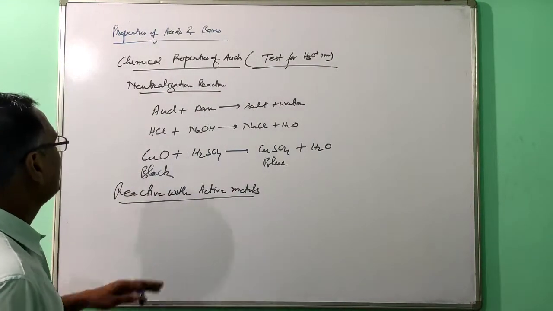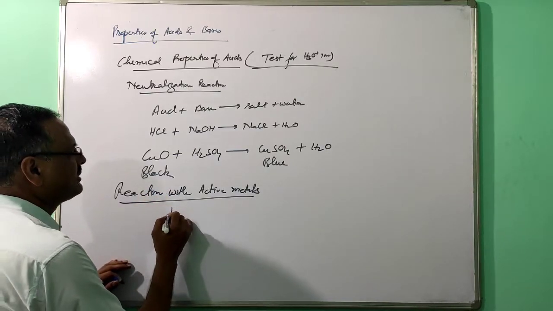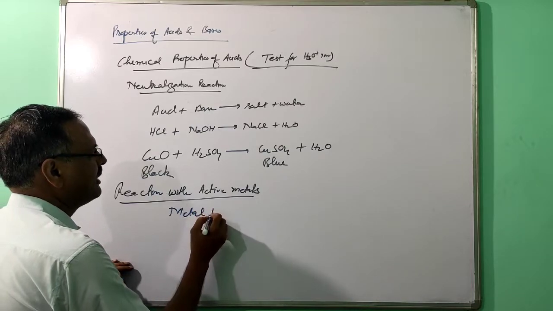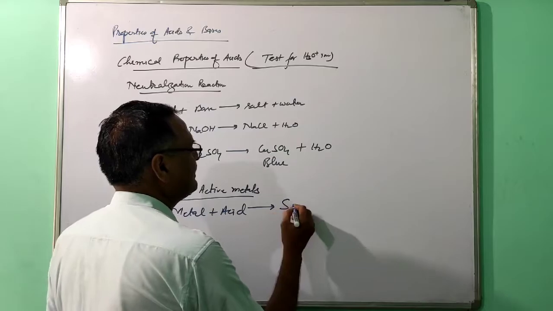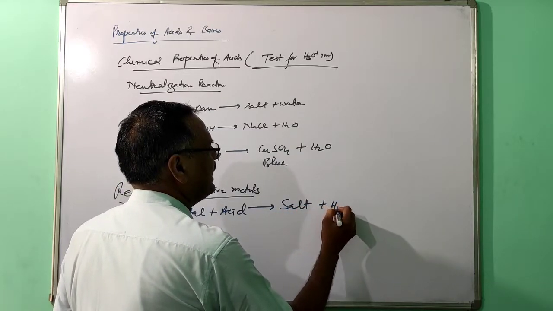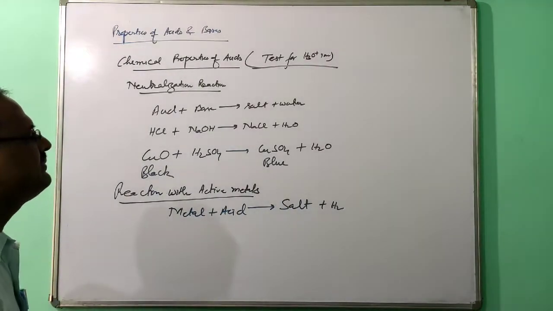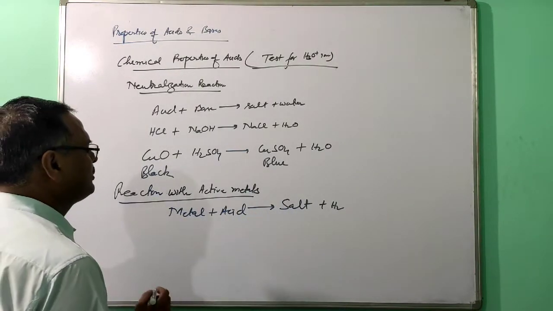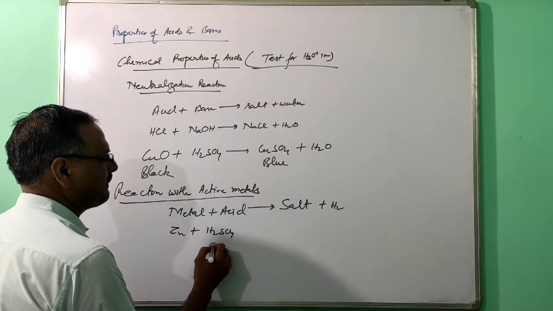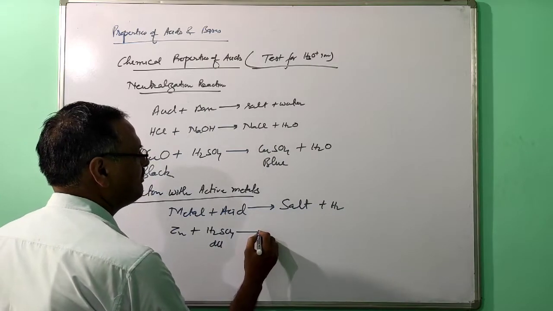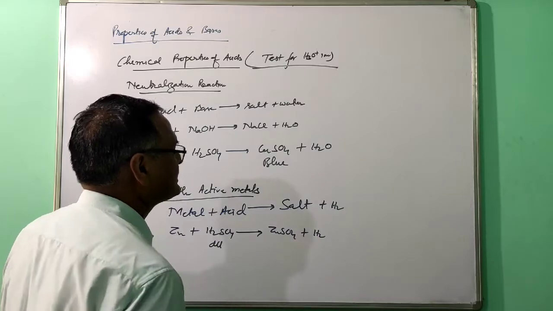So, reaction with active metals. Metal reacts with acid. When a metal reacts with acid, it forms salt and hydrogen. This you know. So, zinc reacts with dilute sulfuric acid to form zinc sulfate and hydrogen gas.